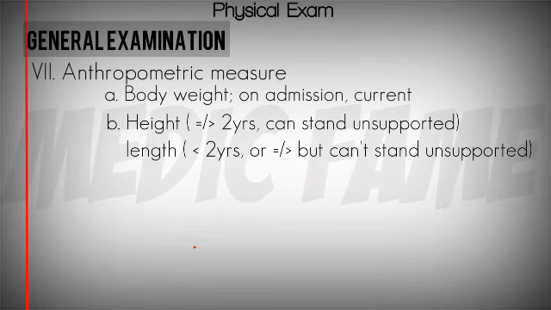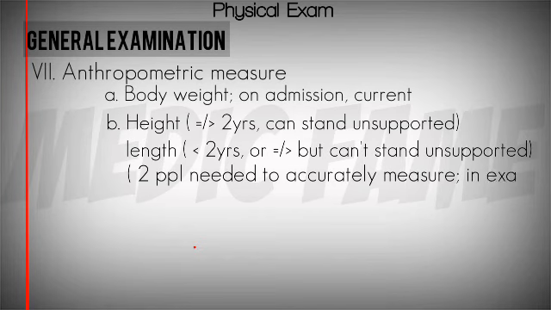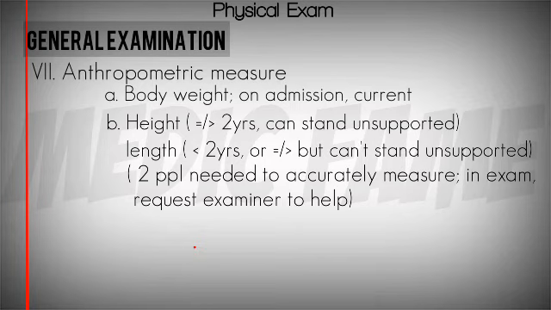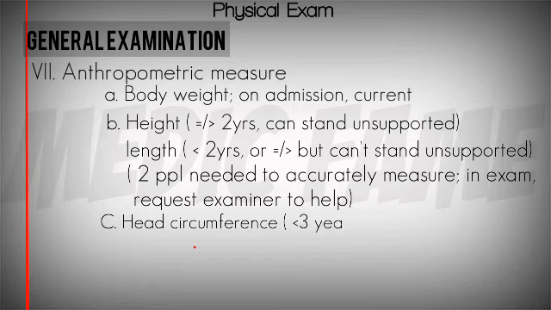This should be done by 2 people for accurate measurement. And also the head circumference, which should be taken for those who are less than 3 years, and if the standard deviation is above 3, it indicates hydrocephalus.